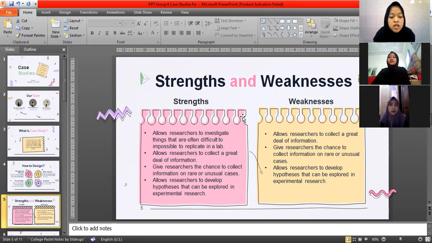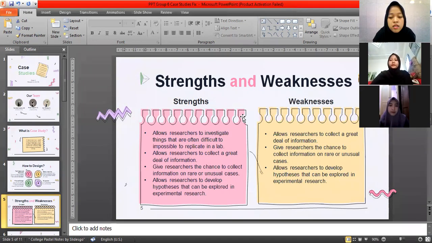Number 3 is case study gives researchers the chance to collect information on rare or unusual cases. And then number 4 is case study allows researchers to develop hypotheses that can be explored in experimental research. And then how about the weaknesses?